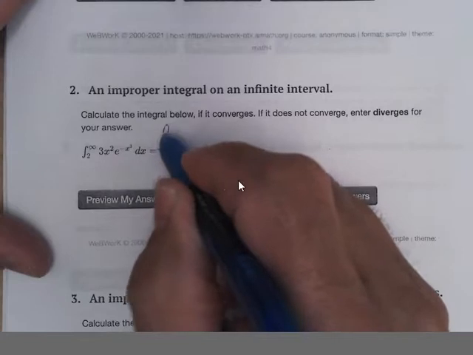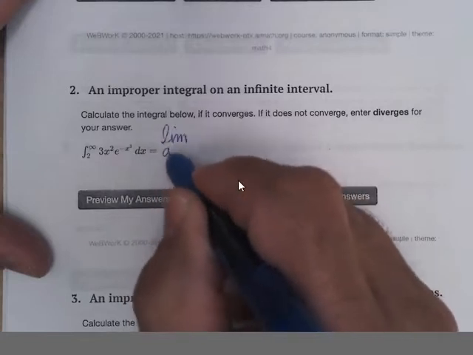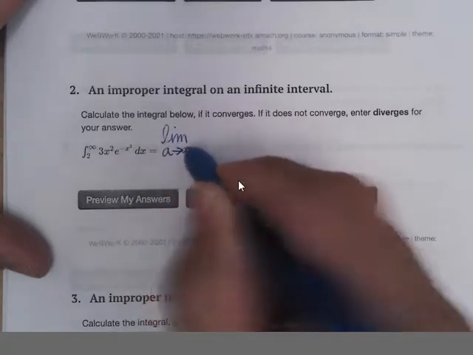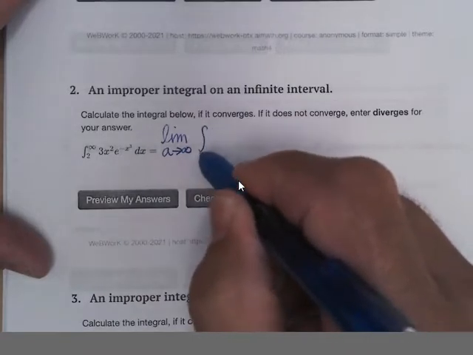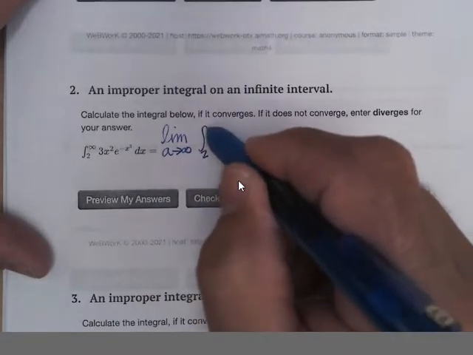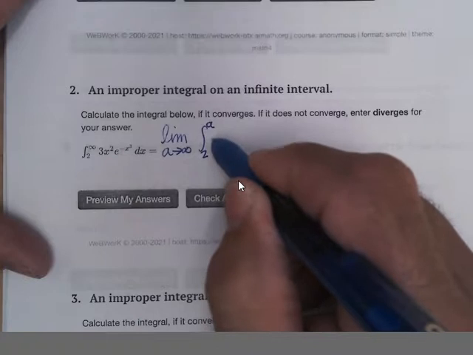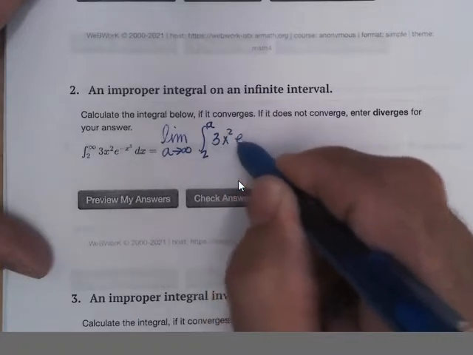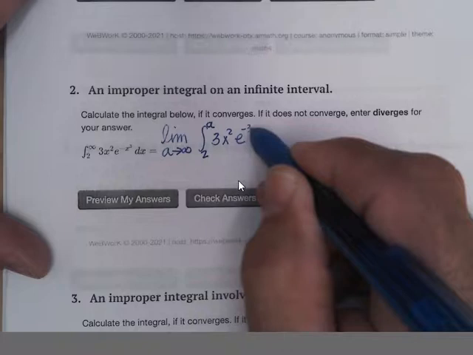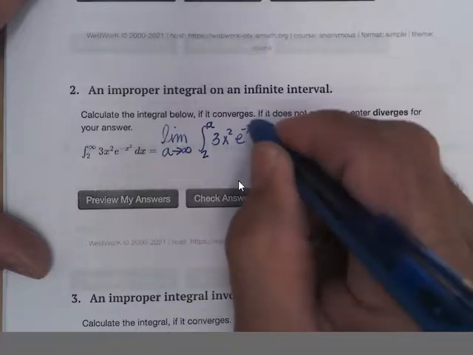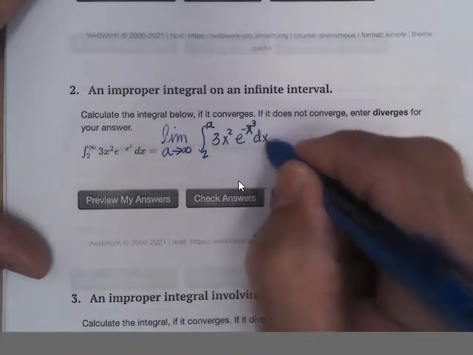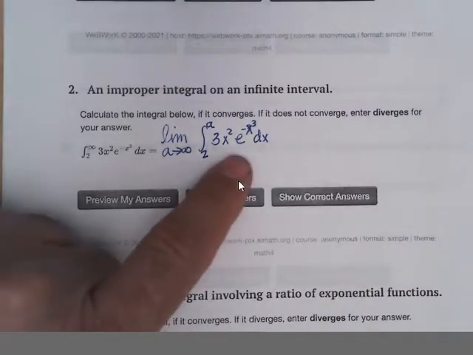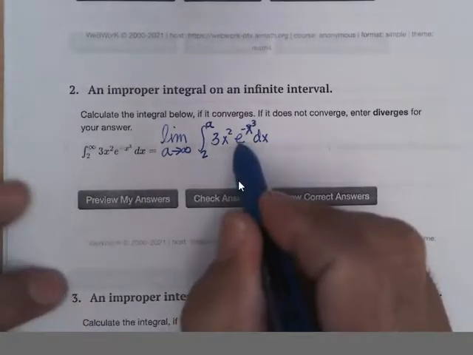So I'm going to have the limit as a goes towards infinity of the integral 2 to a of 3x squared e to the negative 3x cubed dx. And I think we can do this one with a u sub.